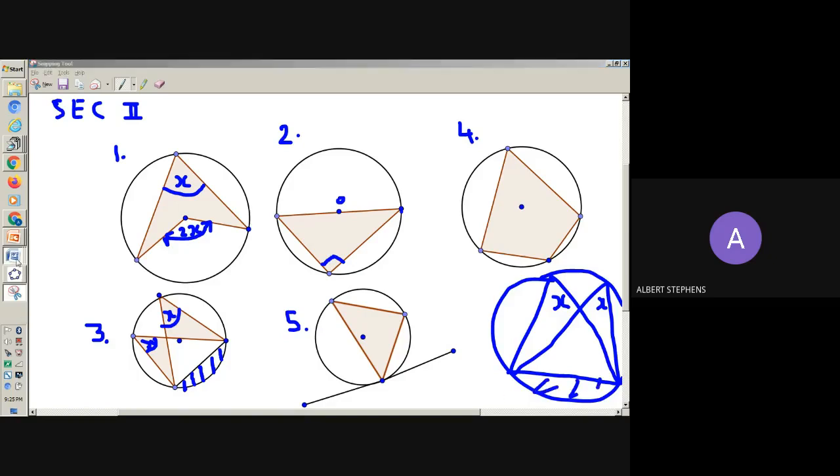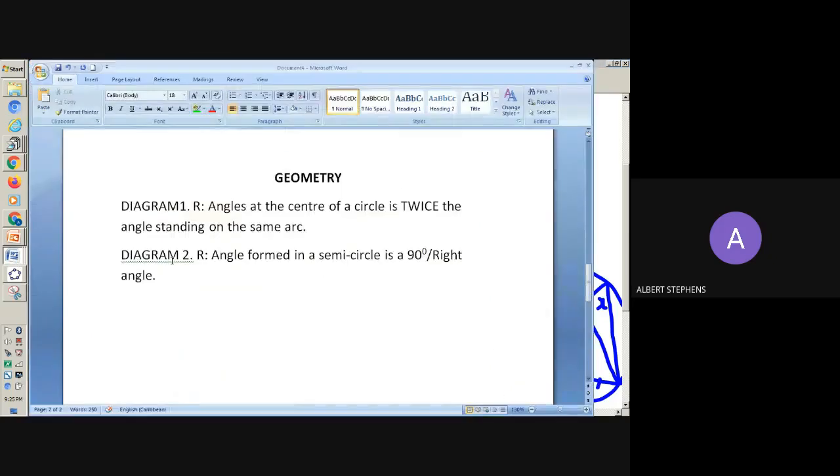So the reason would be: angles in the same segment are equal.